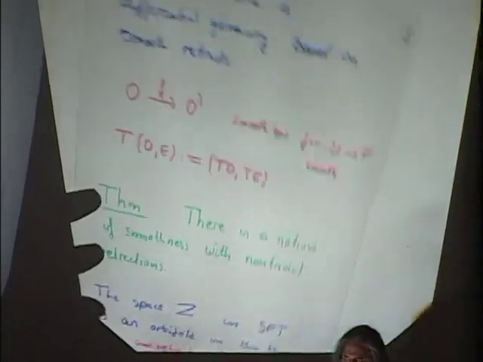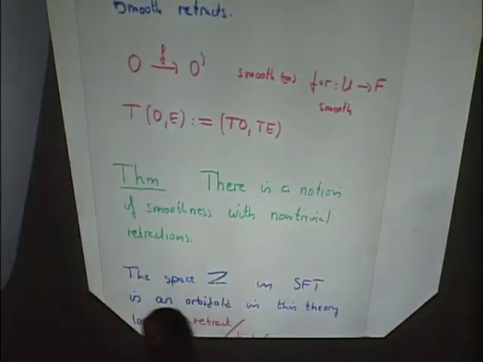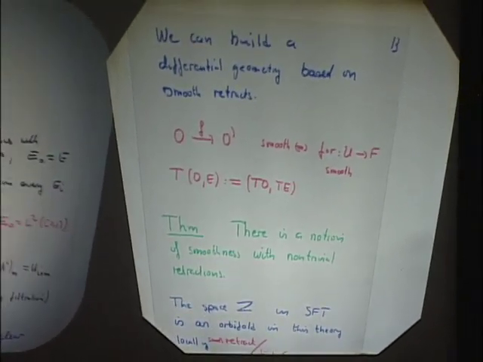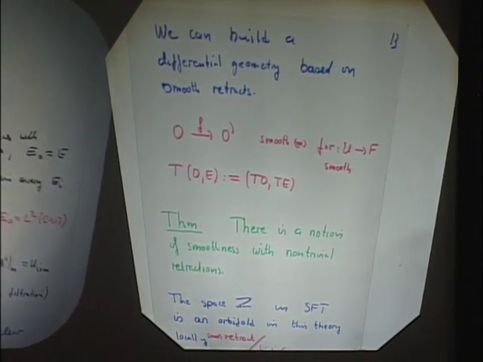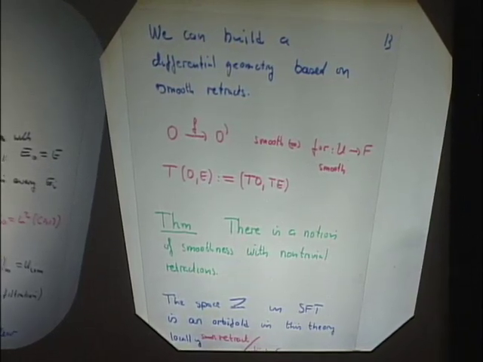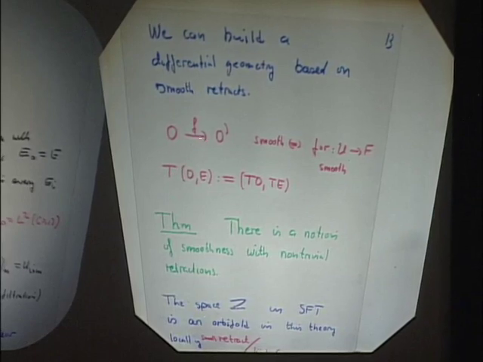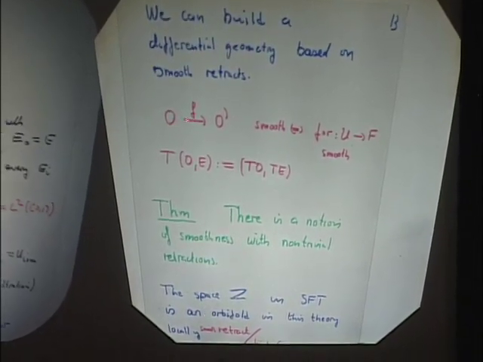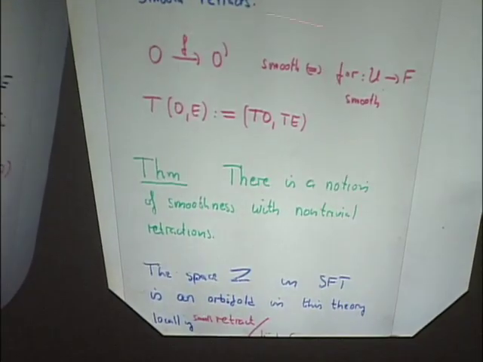Now, having this, we just build our differential geometry. We look at what I already discussed at the beginning. We look for smooth retractions. Then we can say what a smooth map is, namely, you take any smooth retraction onto the set O, and the composition should be smooth in this way.